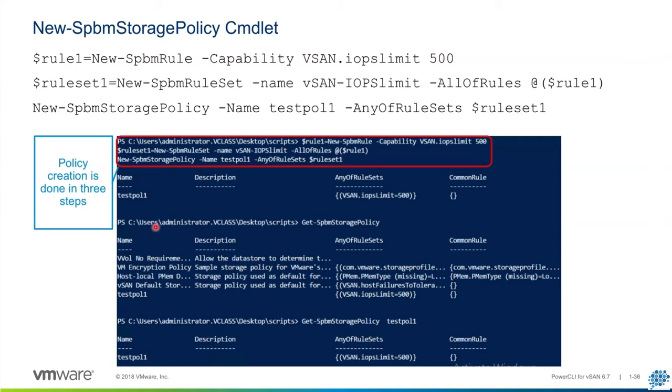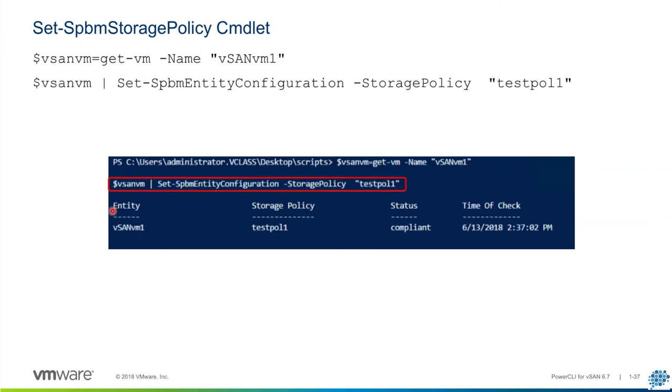As you can look at the output here, now the storage policy testpol1 has been created, and what remains to be done is to apply the storage policy to one of the virtual machines, which is very simple and takes just one step. Here I have a virtual machine called vSAN VM1, which I am going to store in an object. So I say Get-VM with the name of the virtual machine.